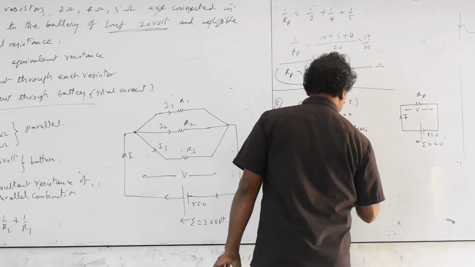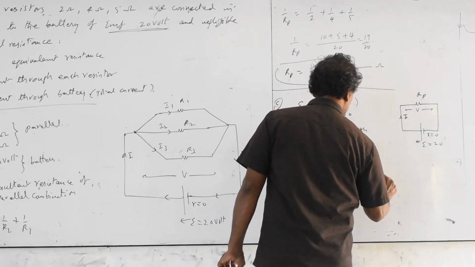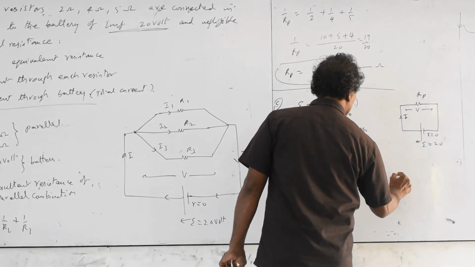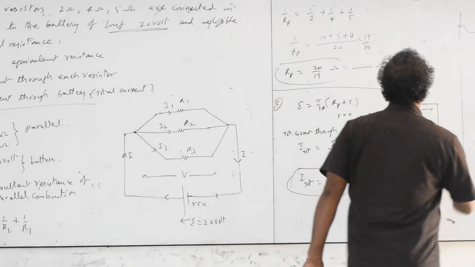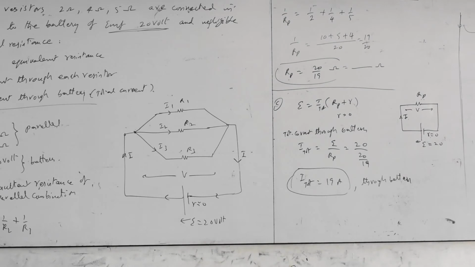This is the current through the battery, also called the main current. Battery total or main current is this much. Potential difference across the combination is V.